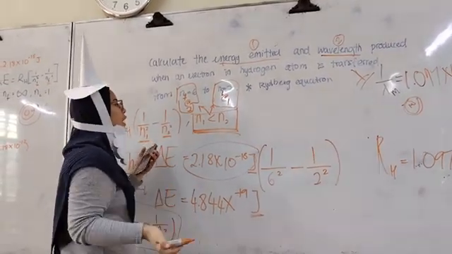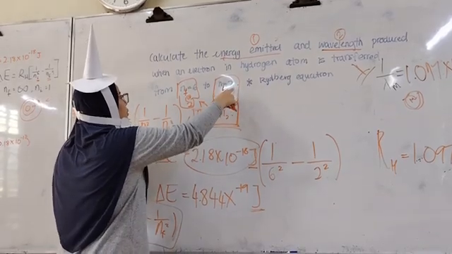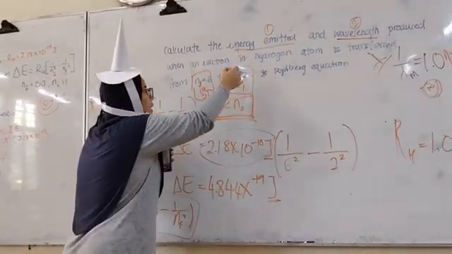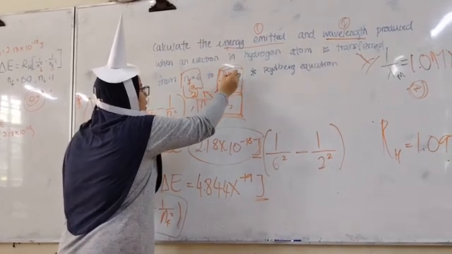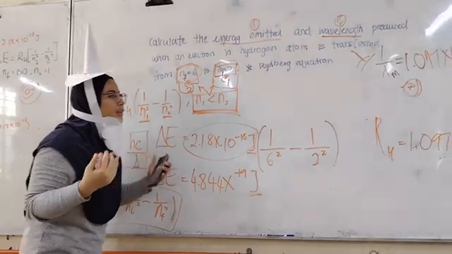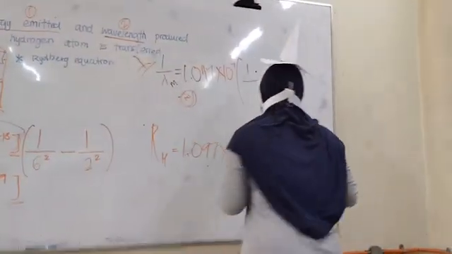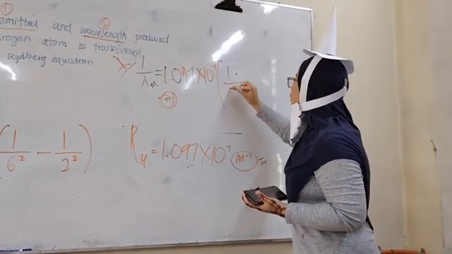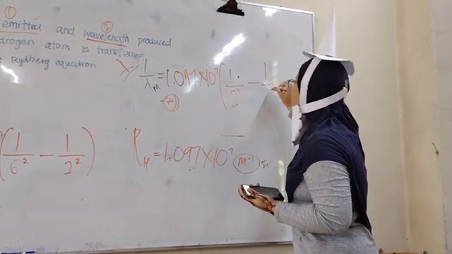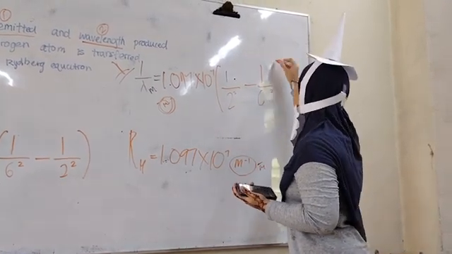Our n1 is supposed to be 2, our n2 is 6. Why? Because as I stated earlier, this is our ground state and this is our excited state. So now let's continue. This is supposed to be 1 over 2 to the power of 2 minus 1 over 6 to the power of 2.